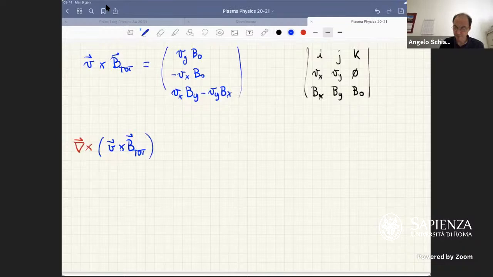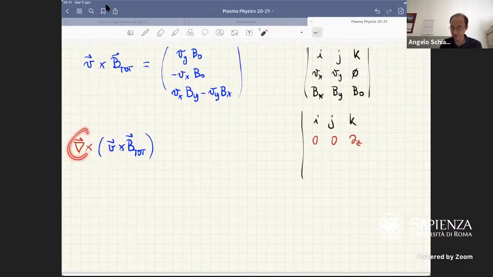So this time our denominator will have ijk. Okay, the first operator is going to be 0, 0, dz. This is the component of the first vector.